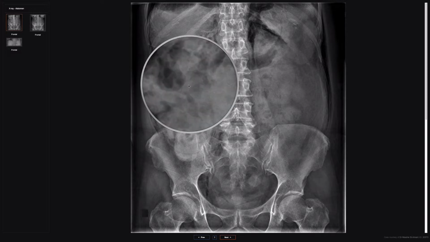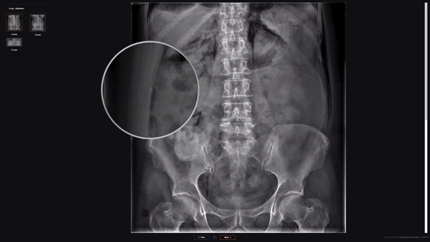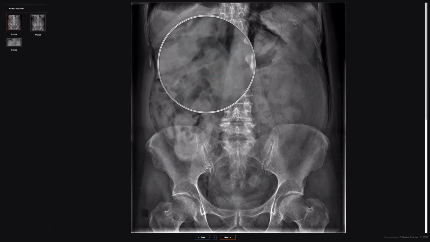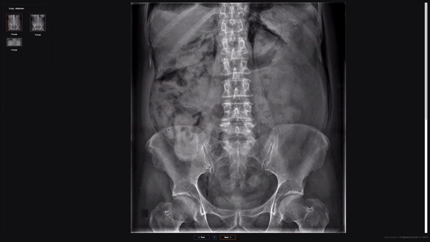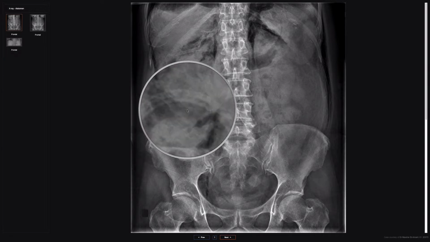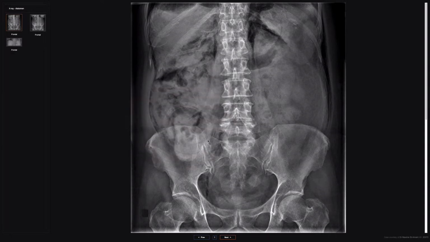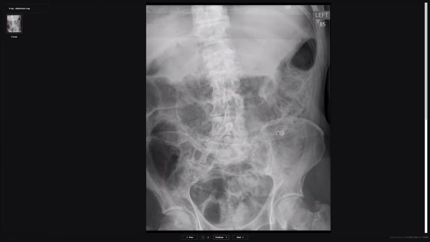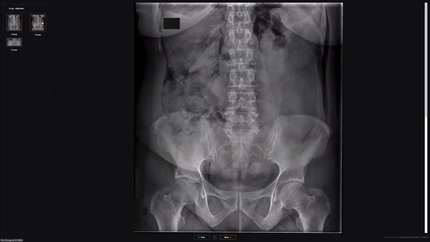Okay, so here we've got all of this extra and retroperitoneal air within the right side of the retroperitoneum. This over here, this circular structure, this ring, this is a stoma bag. So if we go back to that, you got lots of gas on the right side and you got some gas on the left side.